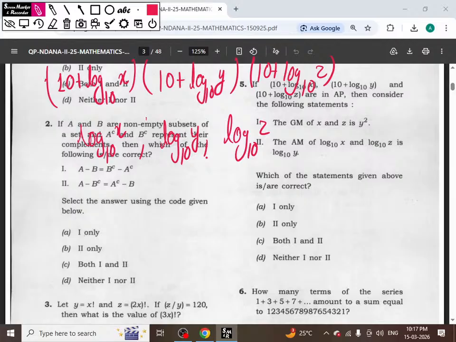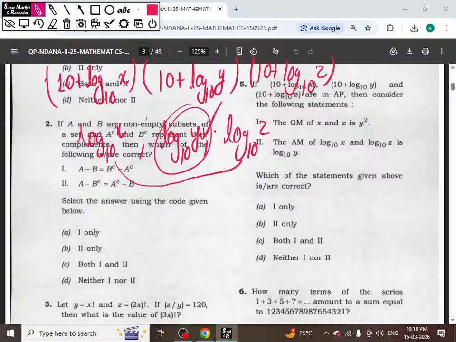If it is asking about the GM, we will have to check the square of it. The GM of x and z is not y square. It must be y only.